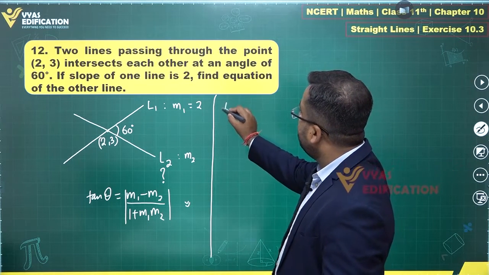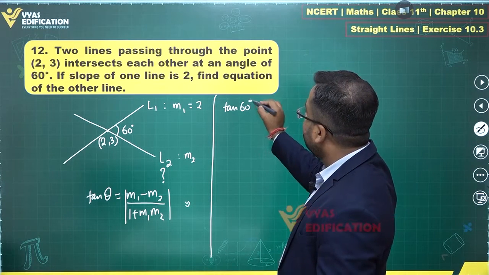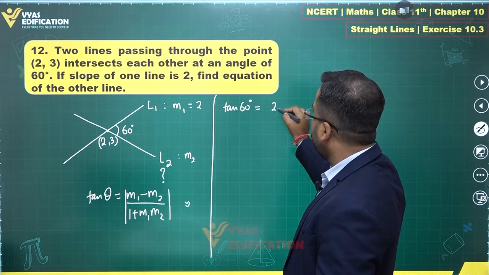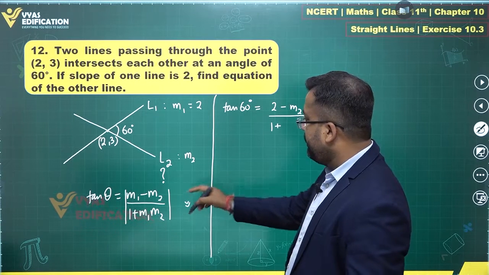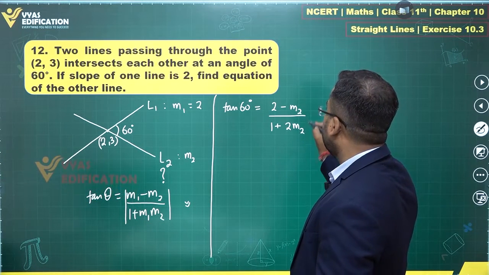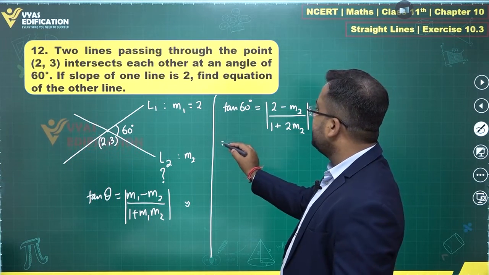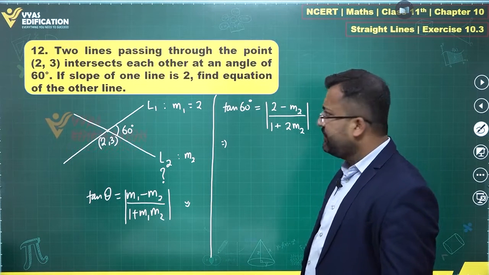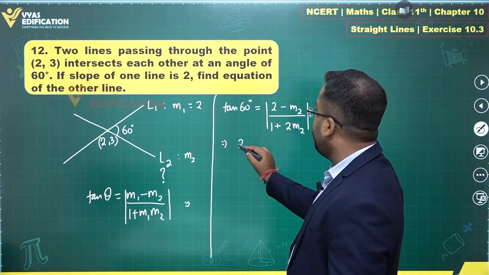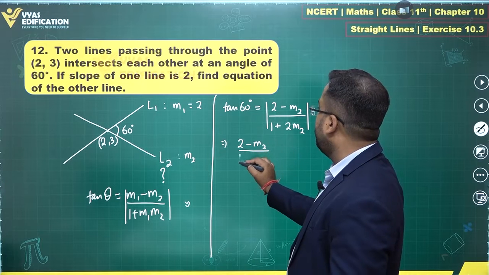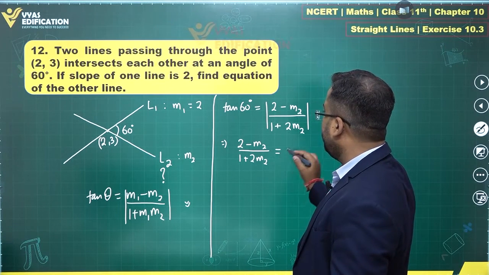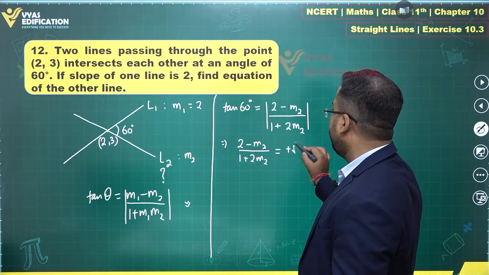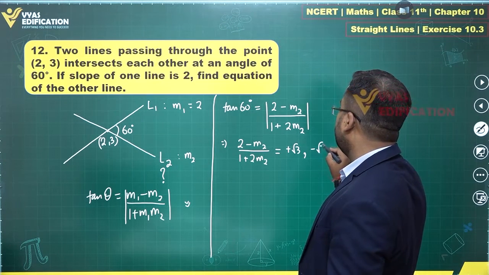Therefore, tan 60 degrees is equal to the modulus of M1, which is 2, minus M2 upon 1 plus M1, which is 2, times M2. Tan 60 degrees is square root of 3. So the modulus of 2 minus M2 upon 1 plus 2M2 will be equal to root 3, or this becomes plus or minus root 3.